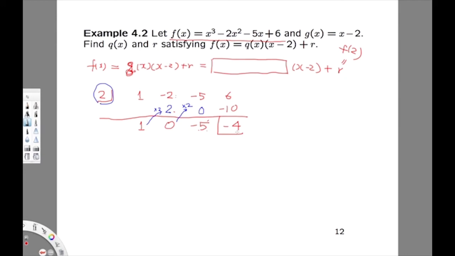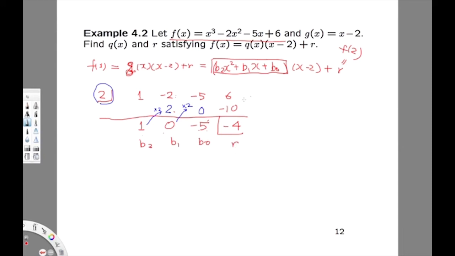What does it mean? Then this 1, minus 0, minus x, this is, say, b0, this is b1, this is b2. That is b2x squared plus b1x plus b0, and this one is equal to r.